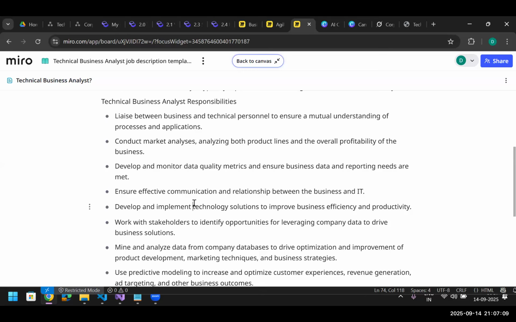Develop and implement technology solutions. I don't know exactly what develop means, but as a technical business analyst, maybe we can use tools to develop the solutions. Don't think that we are going to learn C Sharp, PHP or Java with which we are going to develop solutions.